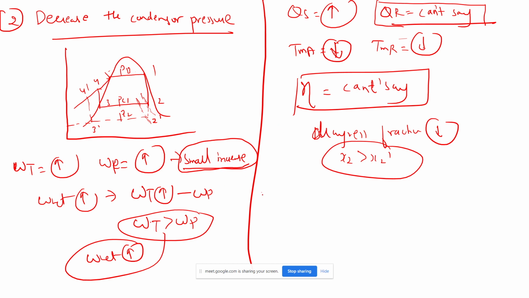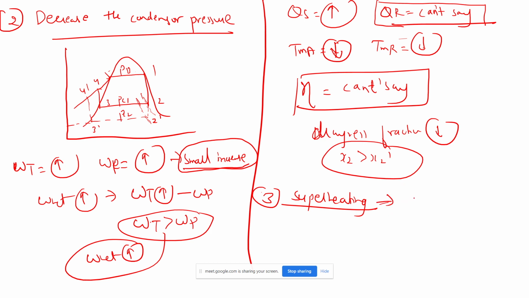Now the third case we will discuss is superheating. So what is superheating? Increasing the quality of the steam in the boiler, above the saturation vapor line. You are right.